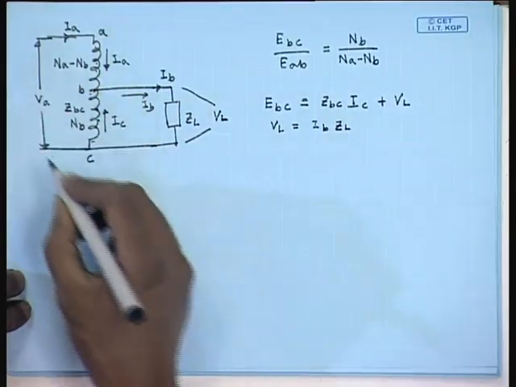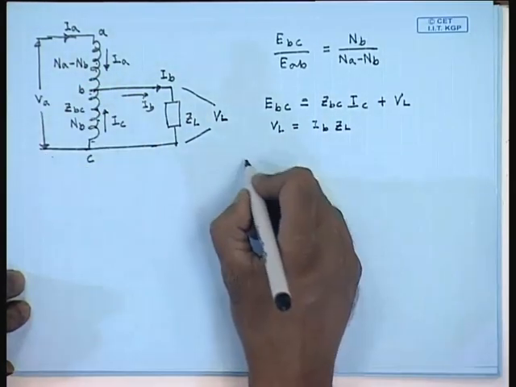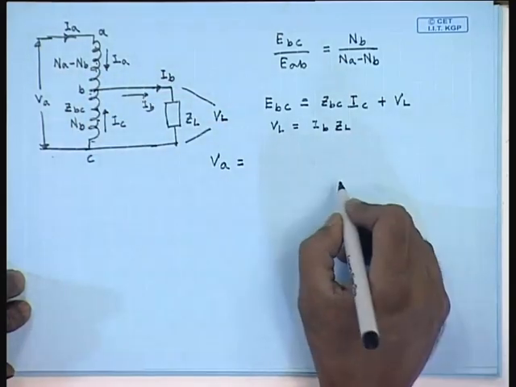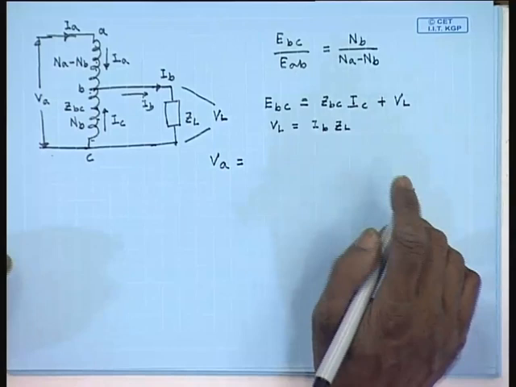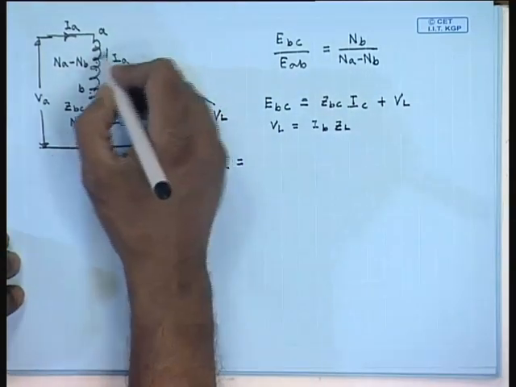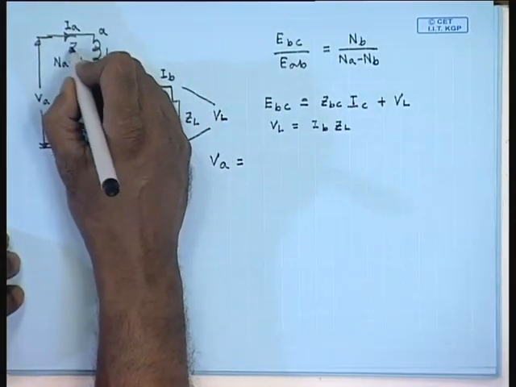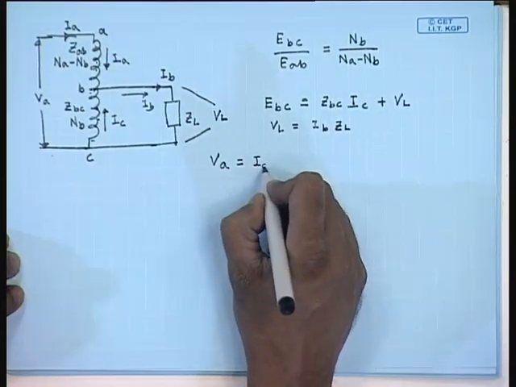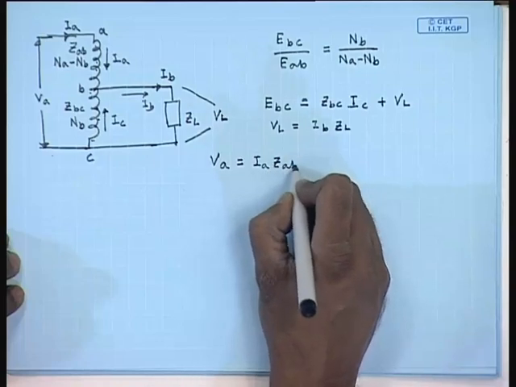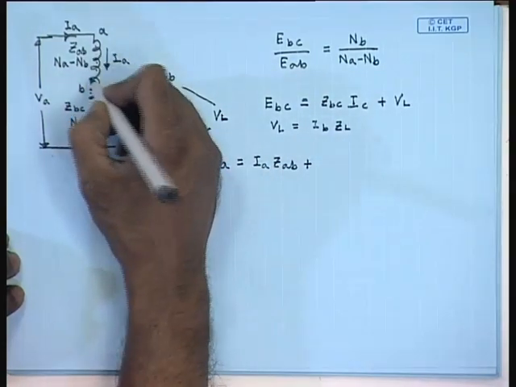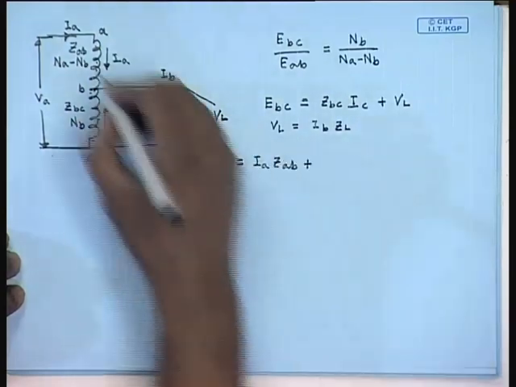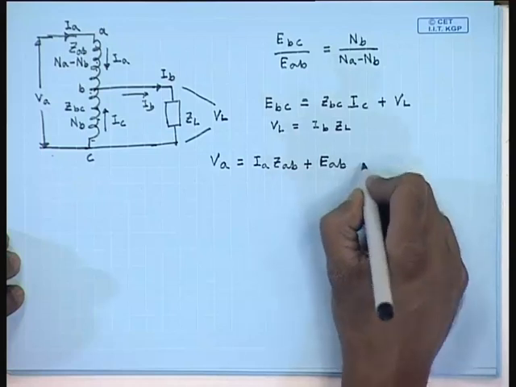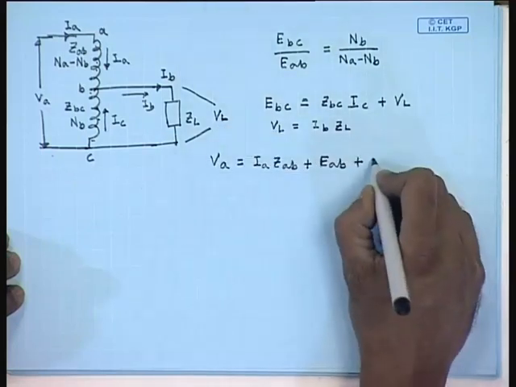Similarly, we can write the applied voltage VA to be equal to the drop across the leakage impedance of the section AB, that is IA into ZAB, plus the induced voltage in the section AB, that is EAB, plus the load voltage VL.